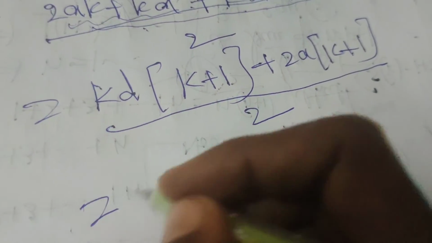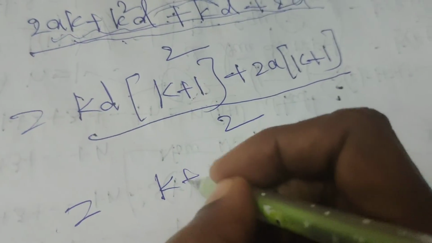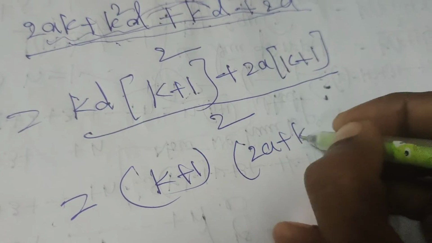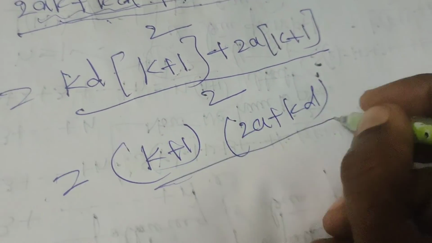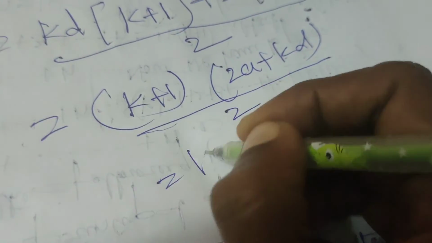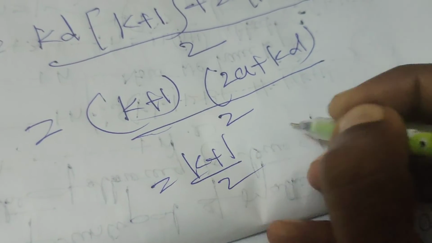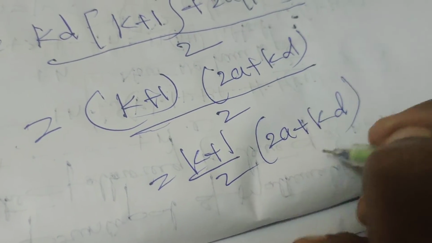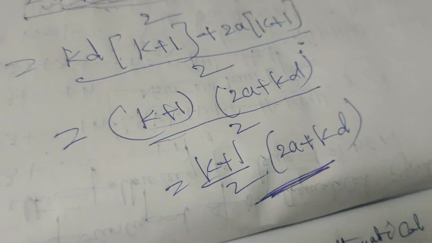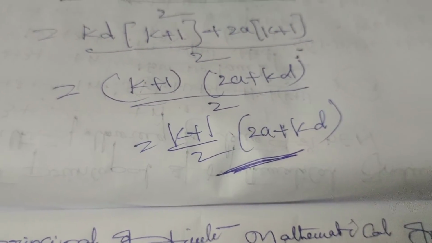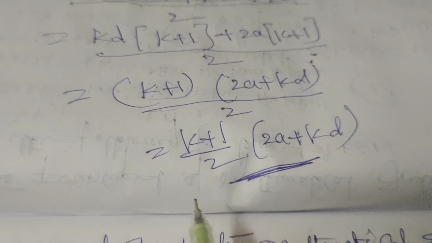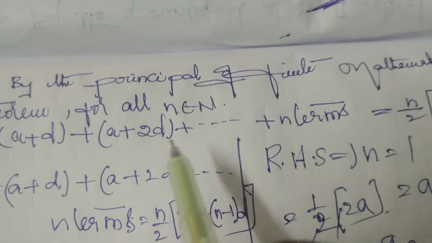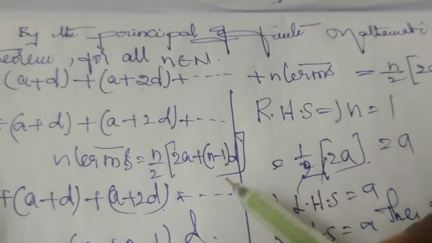Next, k plus 1 into 2a plus kd by 2. So we write k plus 1 by 2 into 2a plus kd. This is the required result by the principle of mathematical induction. We have proved that the given statement is true for n equals k plus 1.